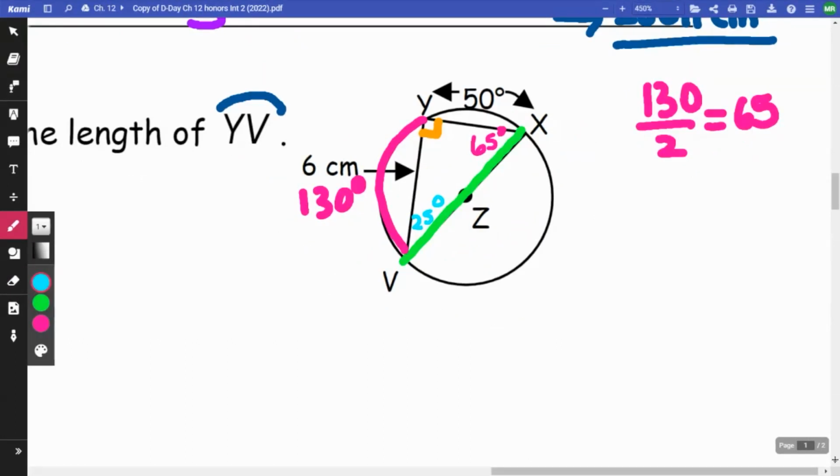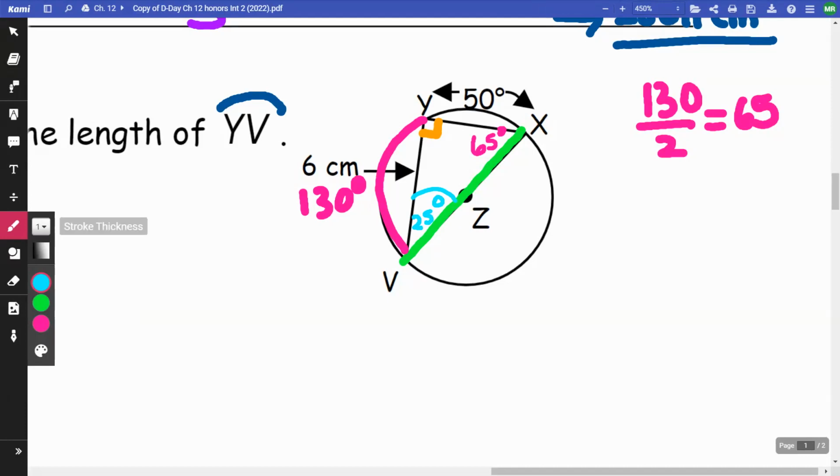So what I'm going to do is I can either do it from the 25 degrees or the 65 degrees, either one. Let's say I do it from the 25 degrees. And I want to find basically the length of Vx.